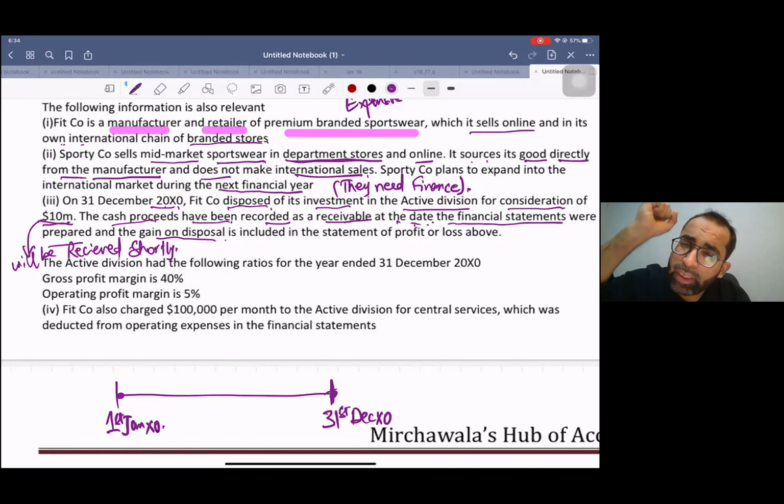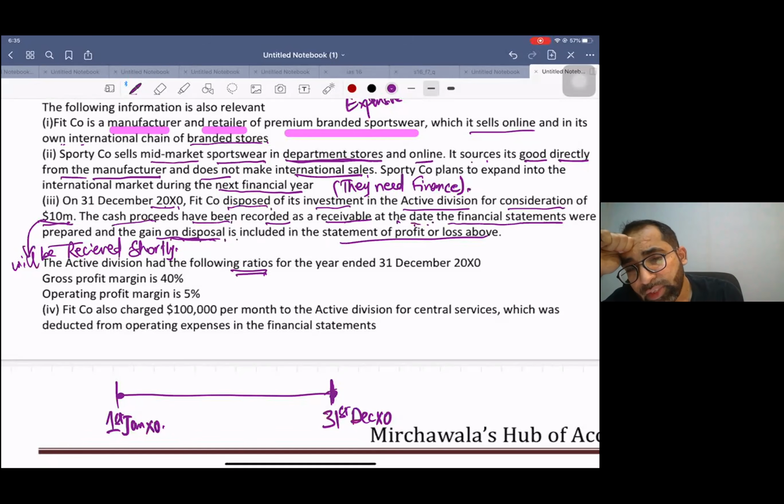So the Active division had the following ratios. Sorry. There is a gain on disposal included in the statement of profit and loss. Now, what do you think? Is this gain on disposal a routine thing or a one-off thing? Comment, please. Write in the chat box. This gain on disposal is one-off. Very good. One-off.